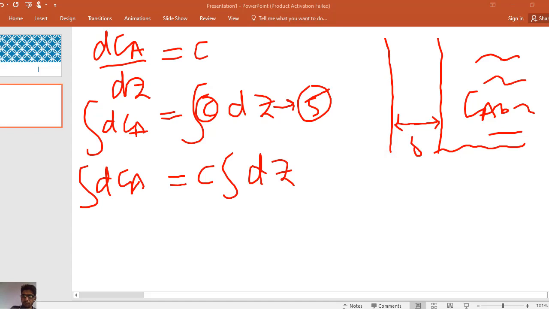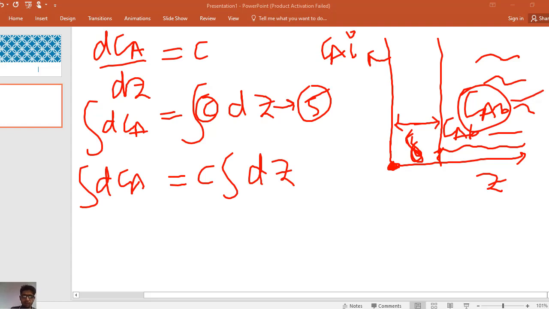This was the z direction, mass transfer was in the z direction, and the concentration of A at z equal to 0 was CAI, which was the boundary concentration. Similarly, when z is equal to sigma, the CA will become CAB, given.